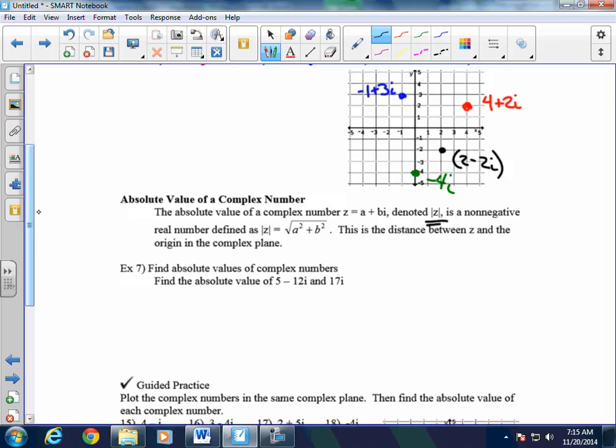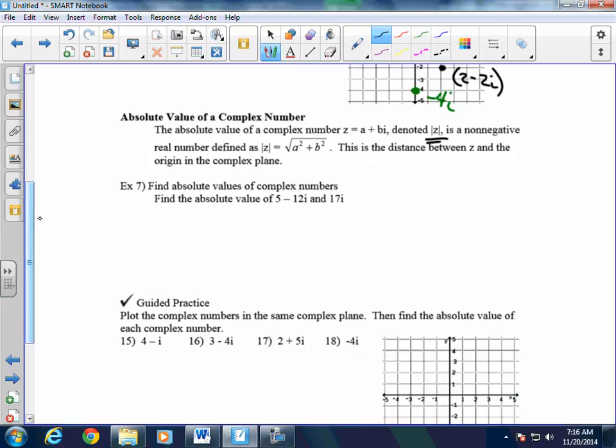So if we look at example 7, we want to find the absolute value of 5 minus 12i and 17i. So essentially, this is two separate problems. We want to find the distance from this one to the origin.